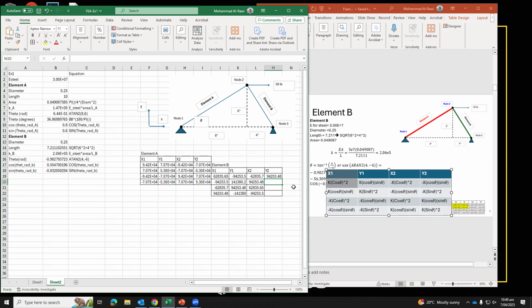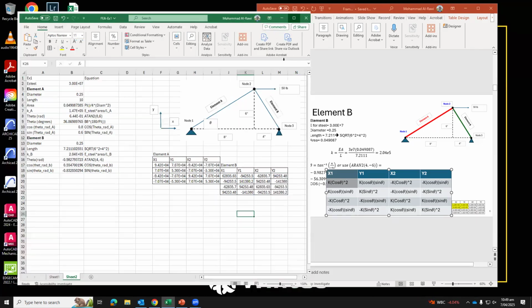Minus K sine theta, so that is the K sine theta multiplied by minus 1, equals K cosine theta, so it would be this one. And the last one equals K sine theta square, which is this one.